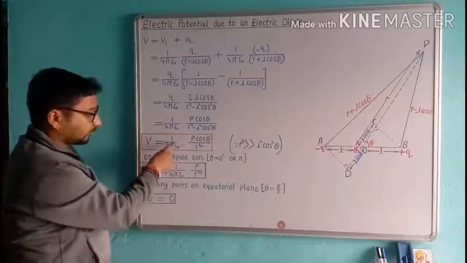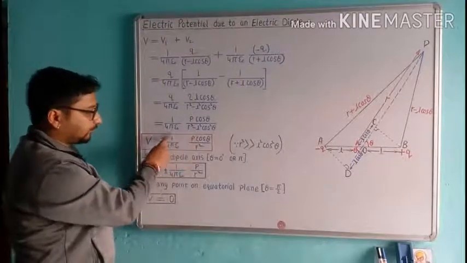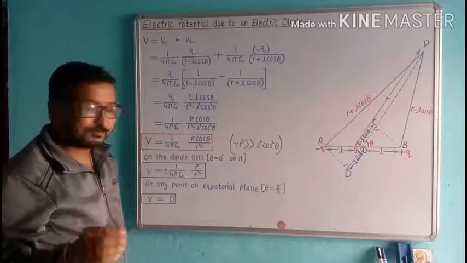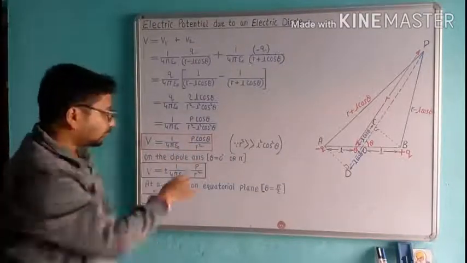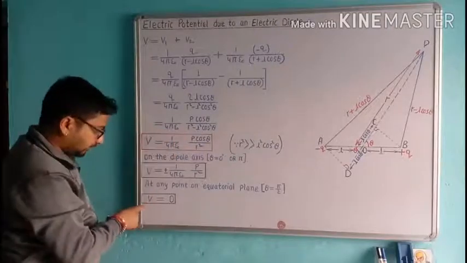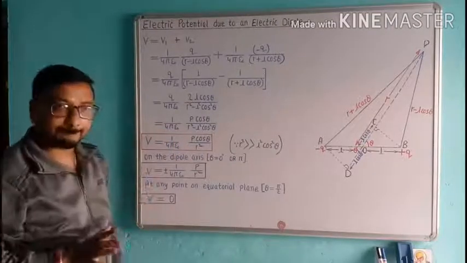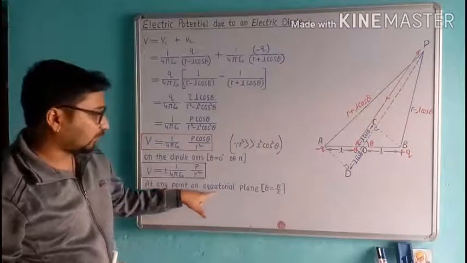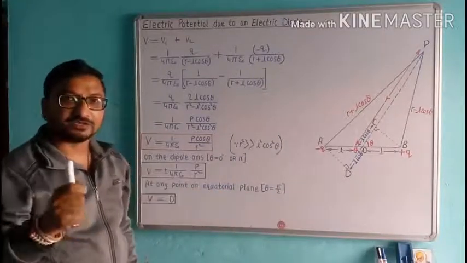So we get 1 upon 4 pi epsilon naught, p cos 90 upon r square. We know that the value of cos 90 is 0, so the whole expression becomes 0. V is equal to 0. The net electric potential at any point on the equatorial plane will be 0.